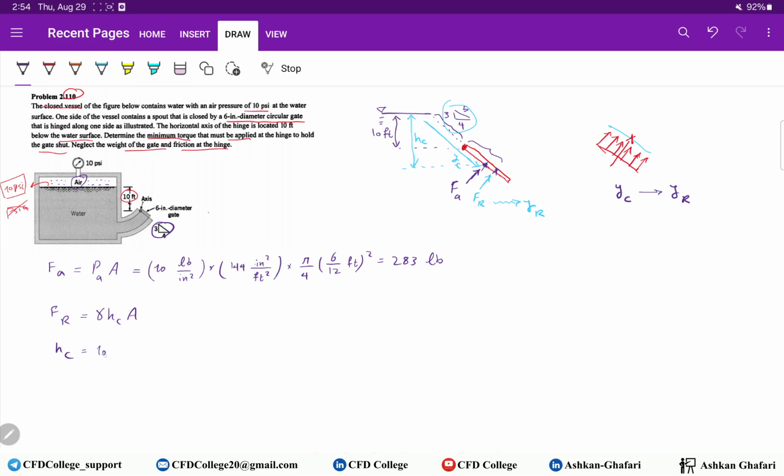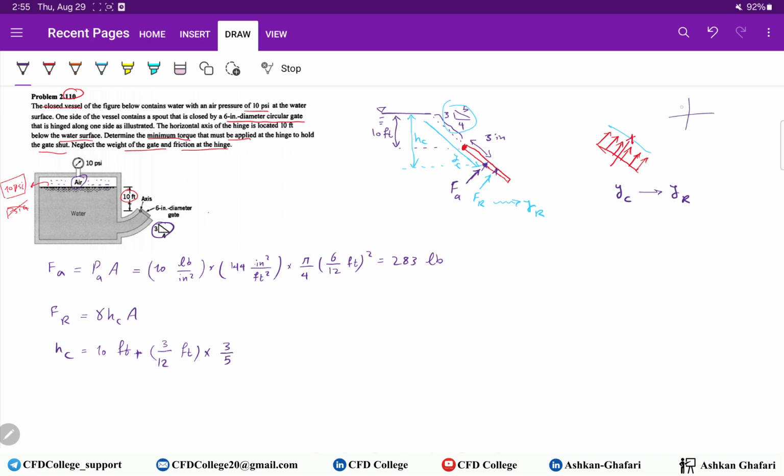It equals this 10 feet plus here we know that the radius of the gate is 3 inches, so plus 3 inches, and I divide it by 12 because I want feet, times the angle. It's 3 to 5, and here we have 3, so I should multiply this by 3 over 5.